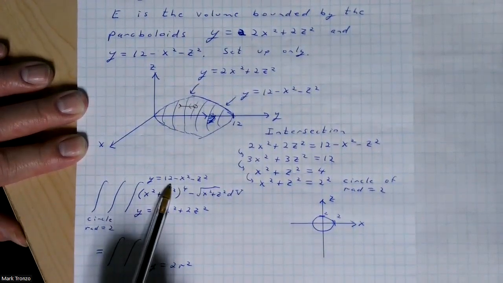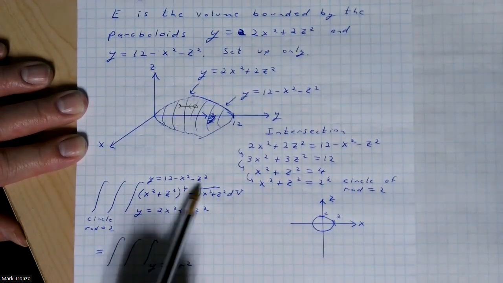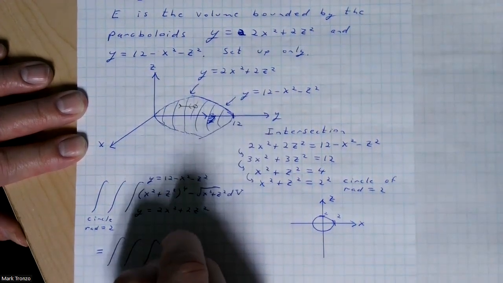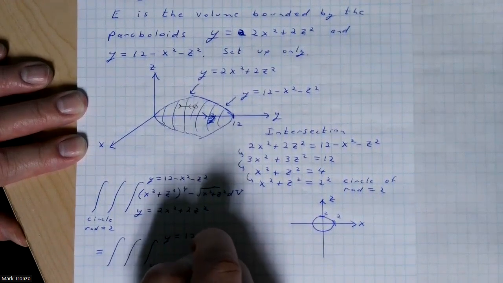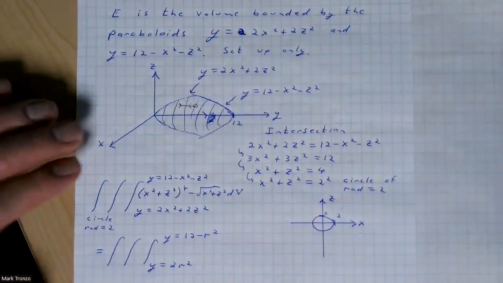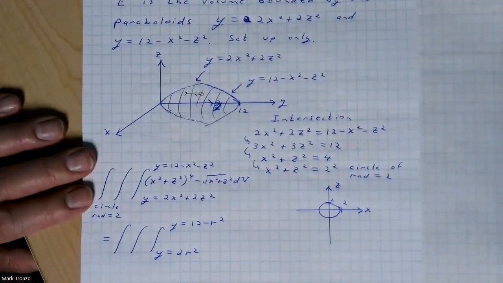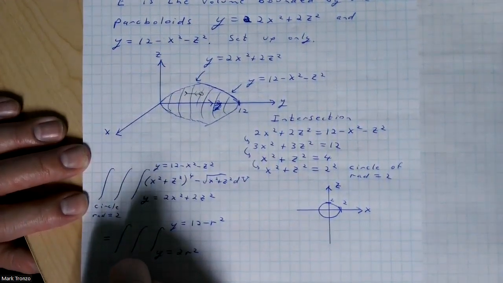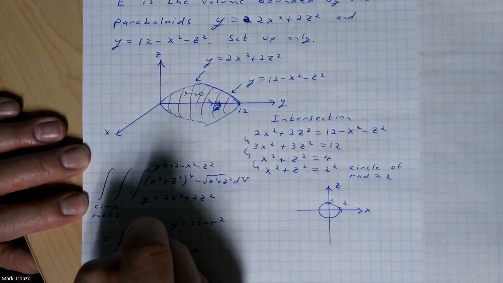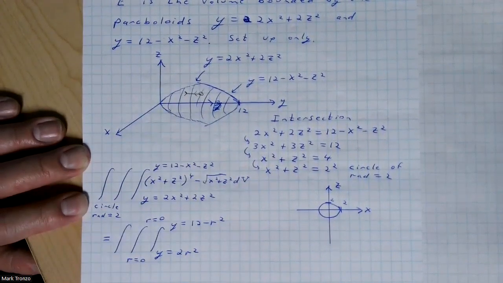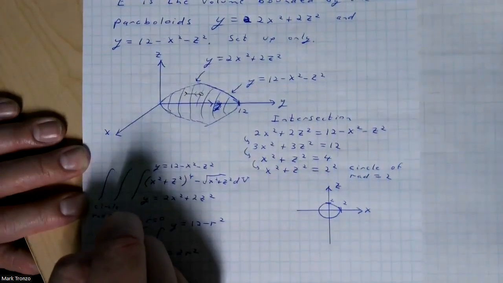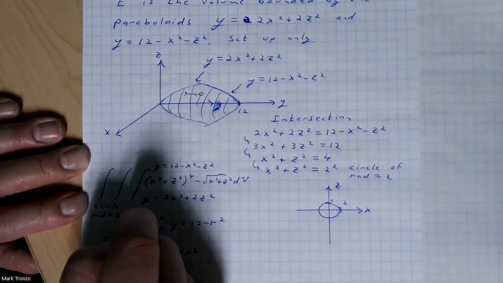The upper bound is 12 minus x squared plus z squared, that's r squared. And then for the circle of radius 2, r equals 0 to r equals 2, theta equals 0 to theta equals 2 pi.